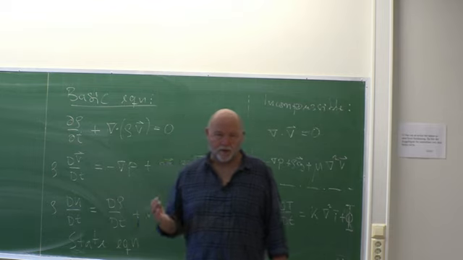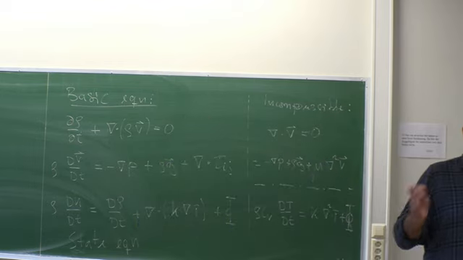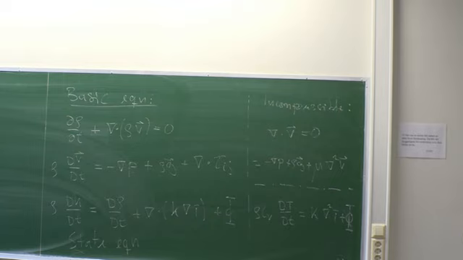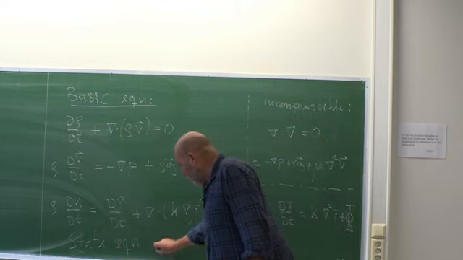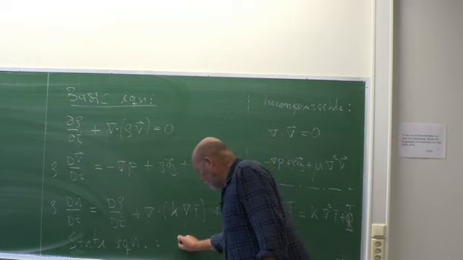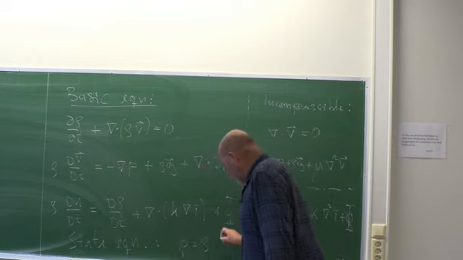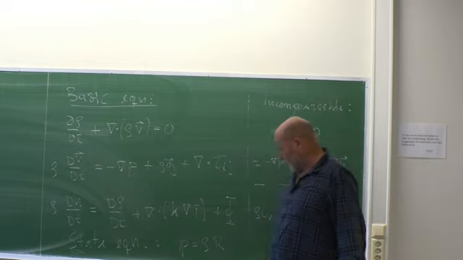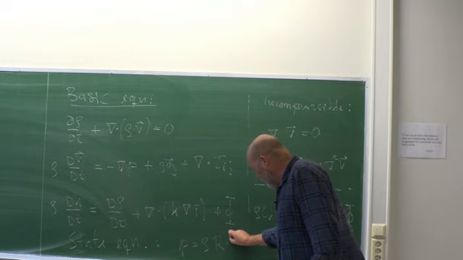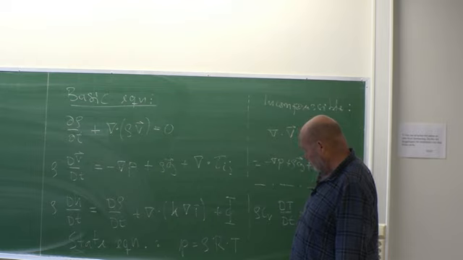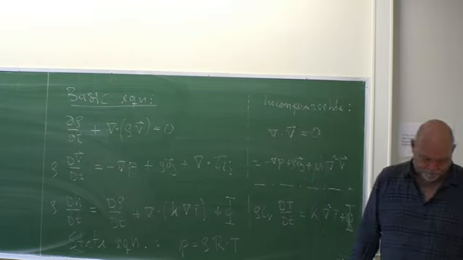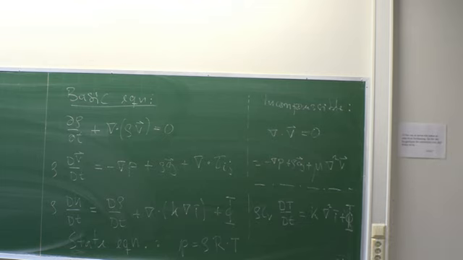You need a coupling between temperature, pressure, and density. Something must be said about that. Typically we will use the ideal gas law, for instance: pressure equals density, the constant R, multiplied with temperature, something like that. So then it should be a closed system.